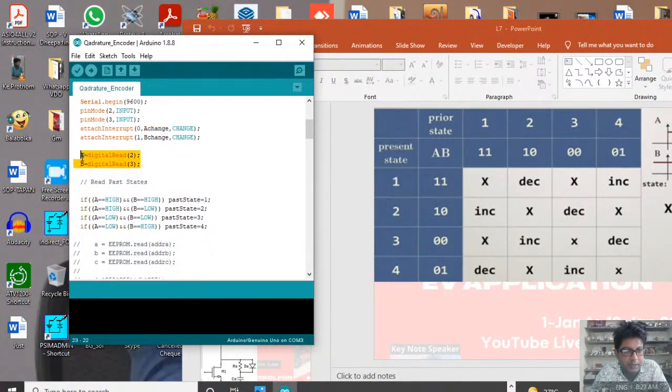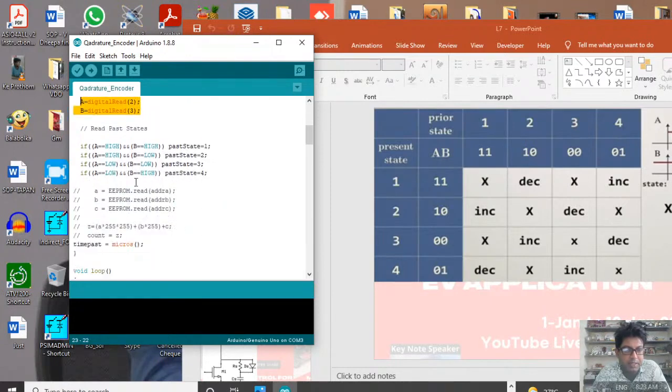Now I am reading the state of these 2 pins. Now in the setup, I am initializing first.